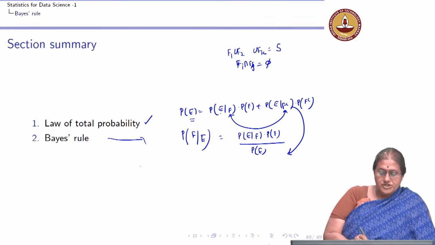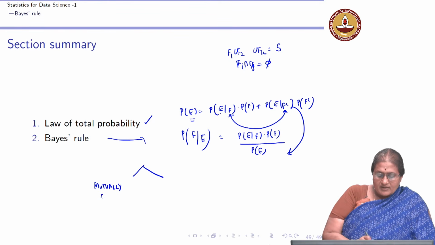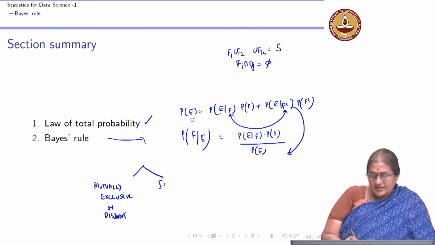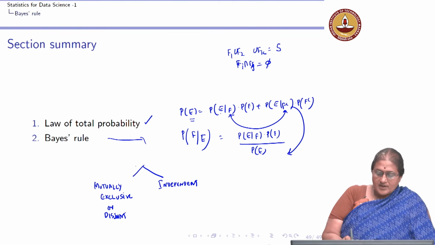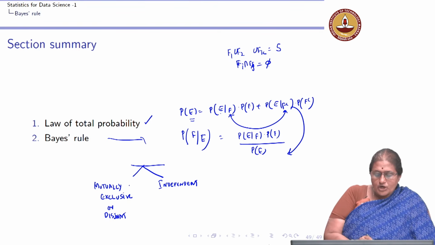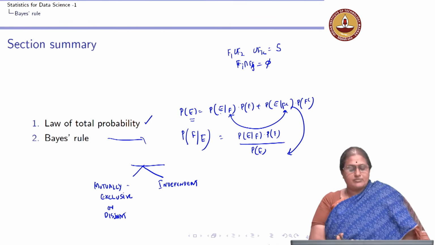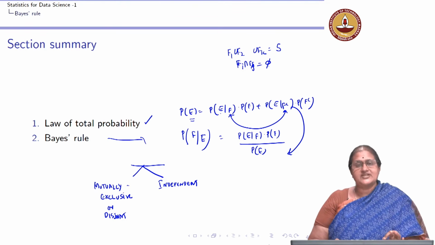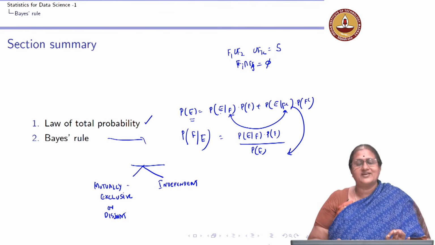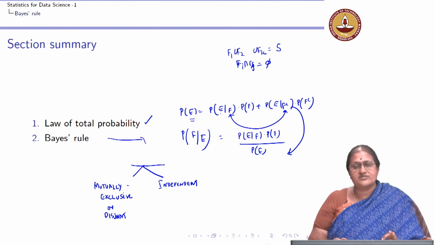A word of caution. Here we have two important things which we have learnt. One is what are mutually exclusive or disjoint events, and the other is what are independent events. These two should not be confused, they are not the same. Mutually exclusive events means the occurrence of an event prohibits the occurrence of the other.